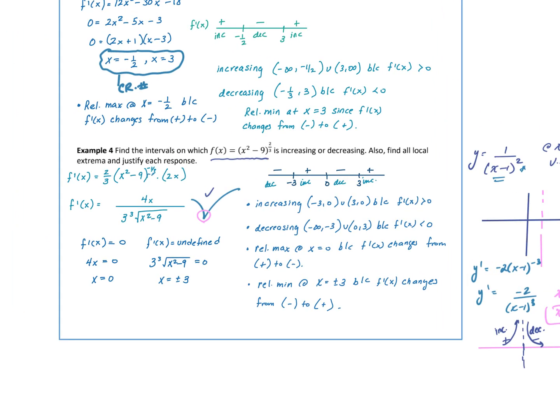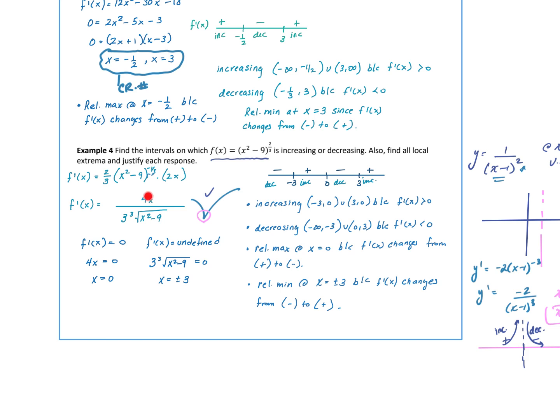I forgot where we left off. We're going to set the top equal to 0. That's where the derivative equals 0, which gave me 0. Then we set the bottom equal to 0, and I got plus or minus 3. So these are all critical numbers: negative 3, 0, 3. I did my test points. I picked something smaller, in between, and bigger, and you're plugging it into the derivative.